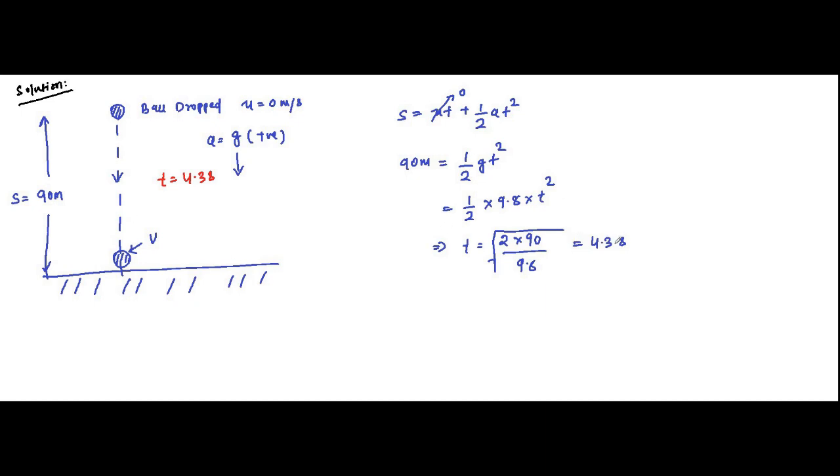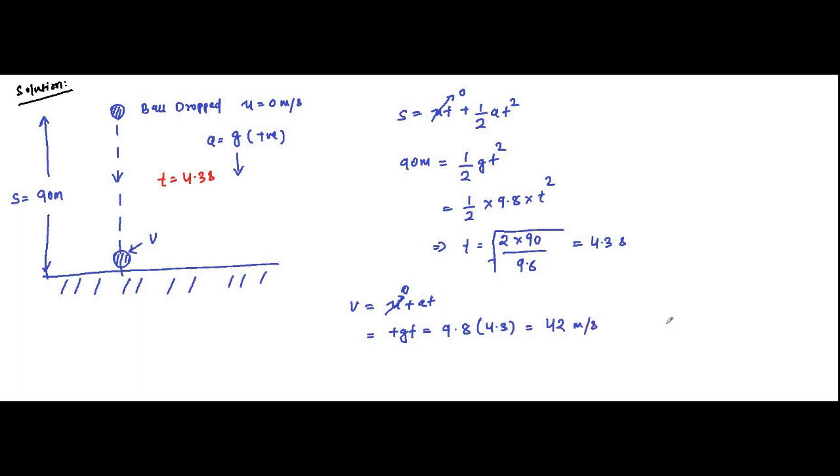So velocity at the end of 4.3 seconds, we can calculate using v is equal to u plus at. Here u will be 0 and this will be simply plus gt, which is equal to 9.8 into 4.3, and that is coming around 42 meters per second.